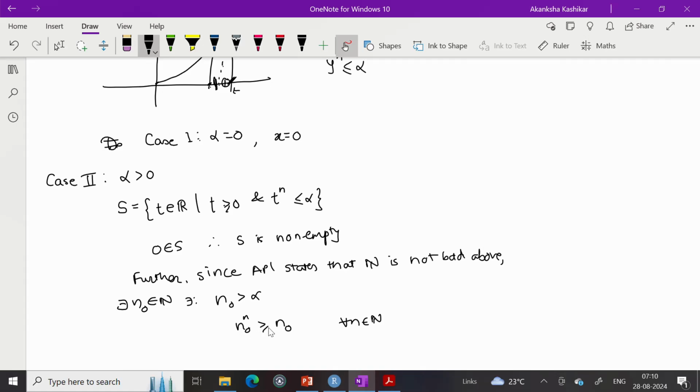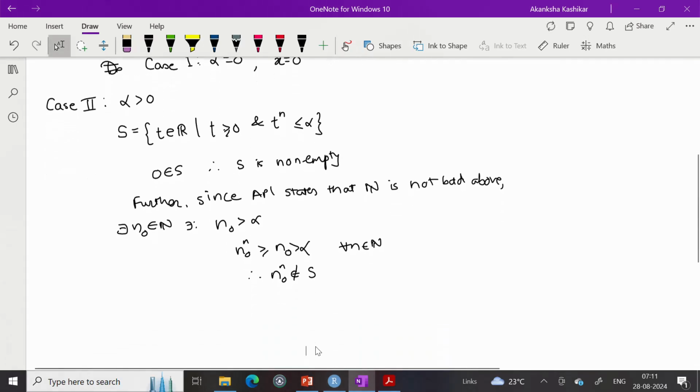And if n naught is 1, then also equality holds. So n naught raised to n is greater than or equal to n naught, and n naught I know is greater than alpha. Therefore, n naught raised to n does not belong to set S. Correct?